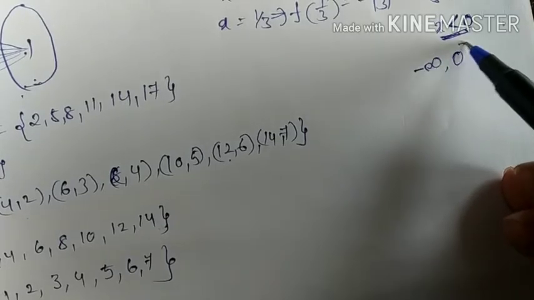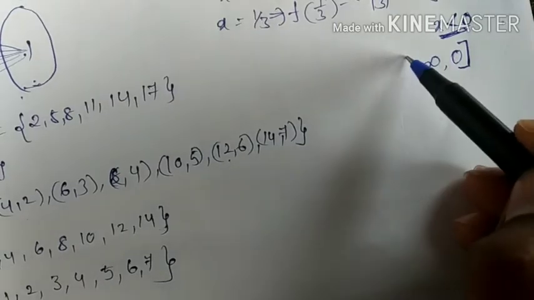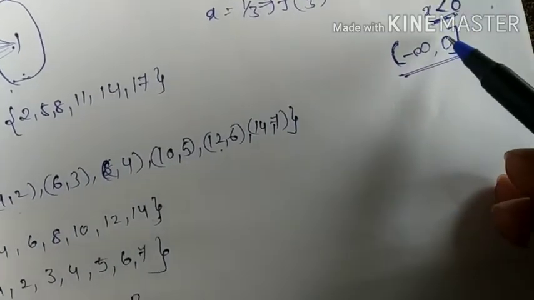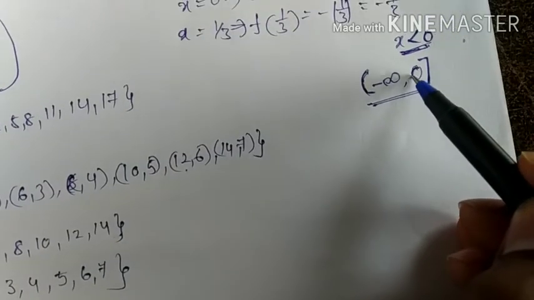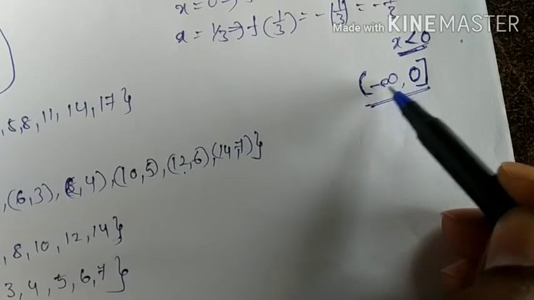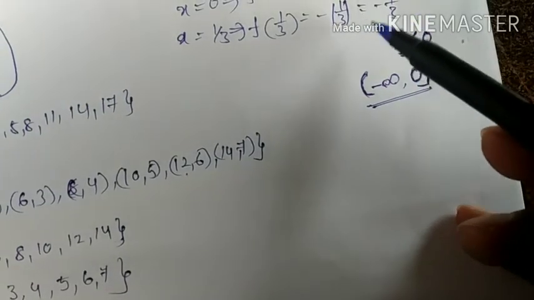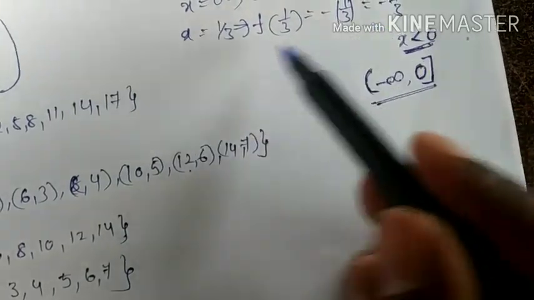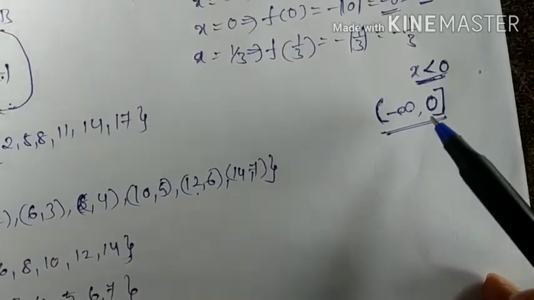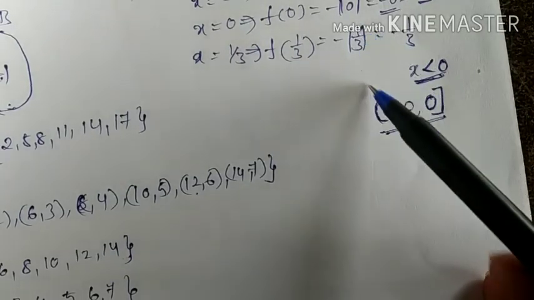These brackets are very, very important. This is a closed bracket, and this side is an open bracket. It means you have to include 0 and exclude minus infinity, right? We don't know the extreme value we would reach when giving any value of x. If you give any value for x, you will always get negative values only.